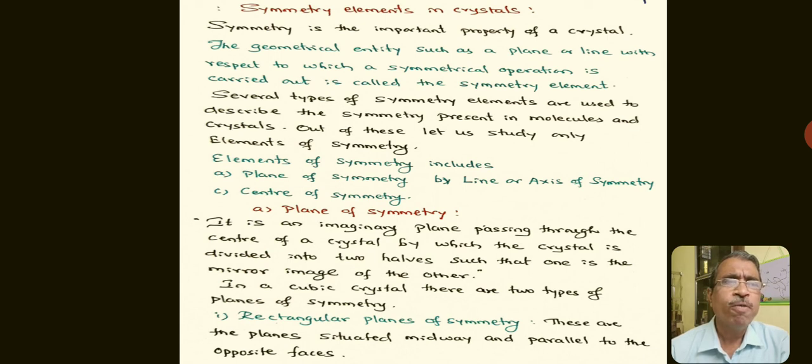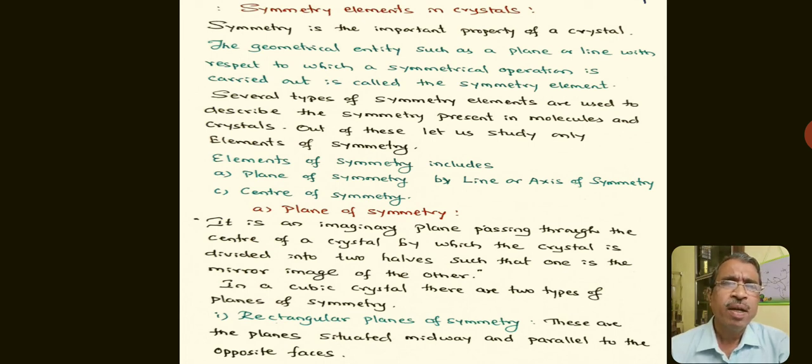Several types of symmetry elements are used to describe the symmetry present in molecules and crystals. Out of these, let us study only the elements of symmetry. Elements of symmetry include plane of symmetry, line or axis of symmetry, and the center of symmetry.